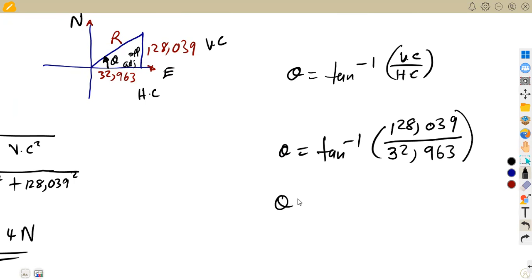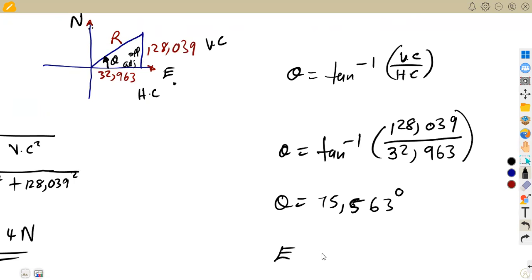All right, so this was going to give us the direction now, which is our theta, and that was going to give us something like 75,563 degrees. Like I said, from the east to the north, direction from the east going to the north.